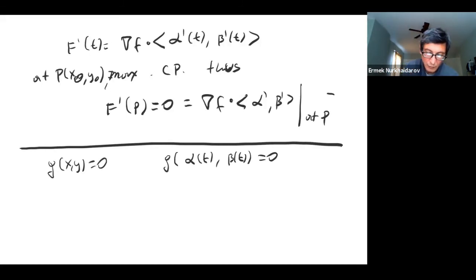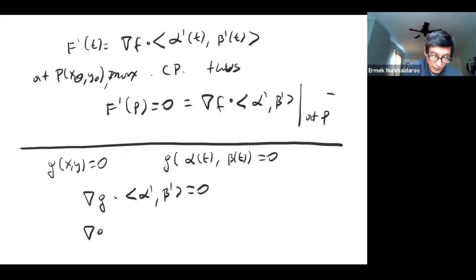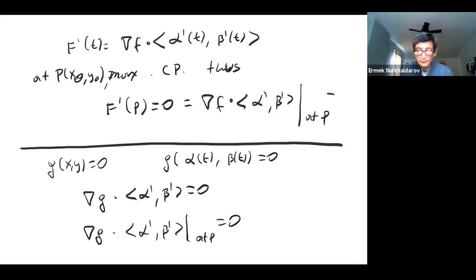Now I take the derivative of both sides: the left side gives gradient g times (derivative of alpha, derivative of beta), equals 0. We're at point P, so it's going to be equal to 0.